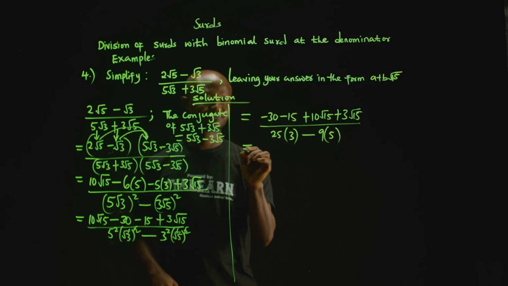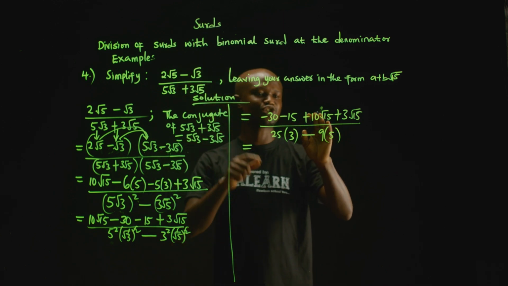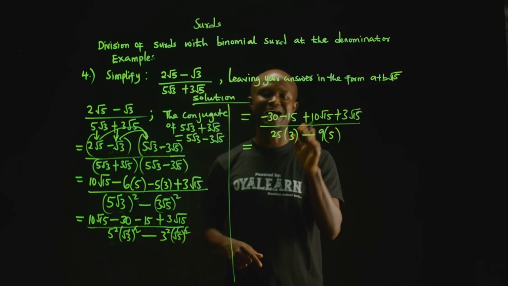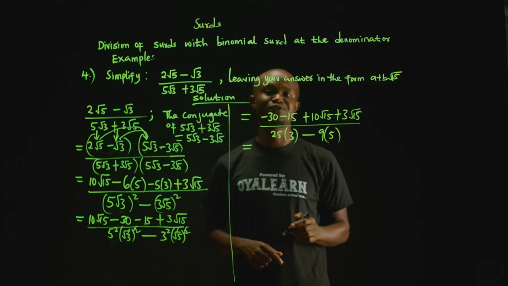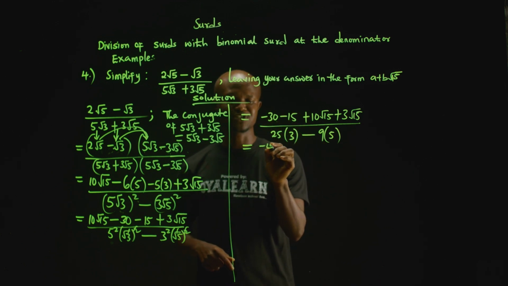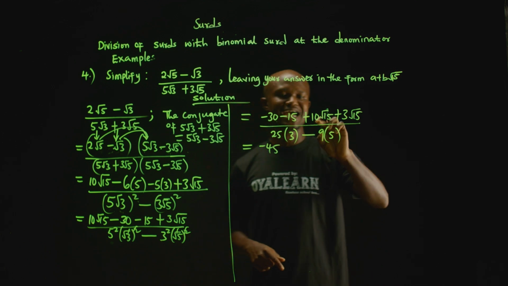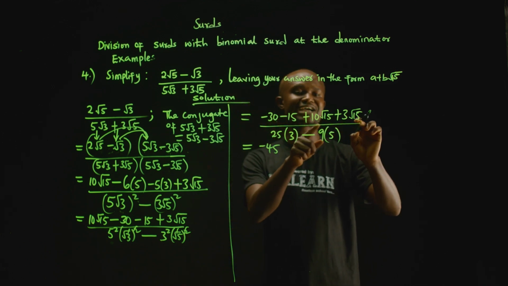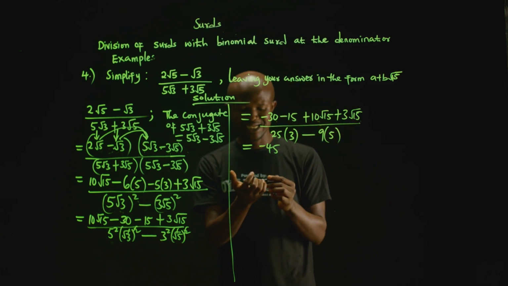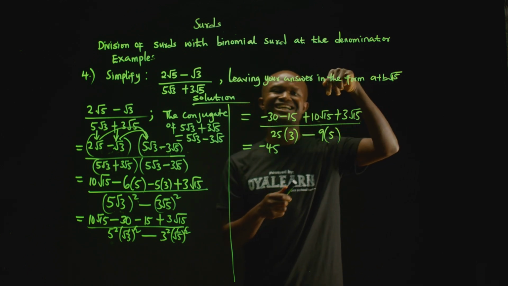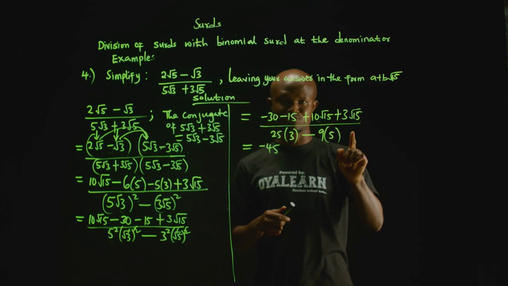Multiplying further, for the numerator we are going to add. So minus 30 minus 15 will give us minus 45. 10 root 15 and 3 root 15 are like surds because they have the same number inside the square root. Hence we can add them together.